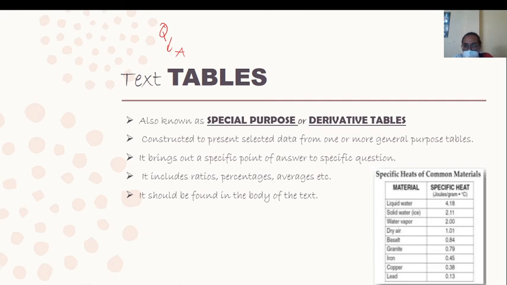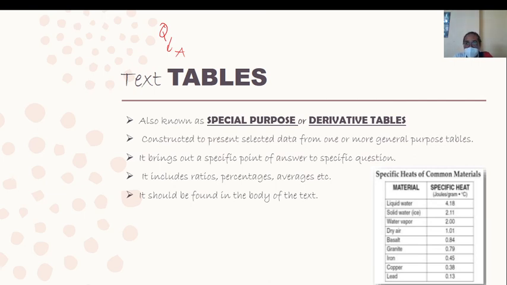Yung table na is constant yan. Meron yan sa thermodynamics or physics. Hindi ako nagkakamali. Pero sa thermodynamics, meron yan. Or sa strength of materials ng pang-engineering. Liquid water, we have 4.18. Solid water, 2.11. Water vapor, 2, etc. Ayan yung tawag na text table.